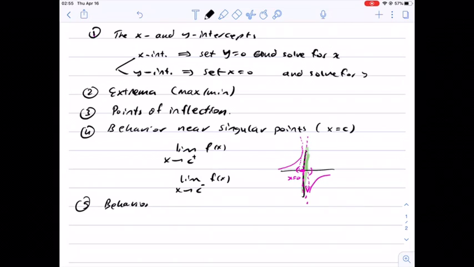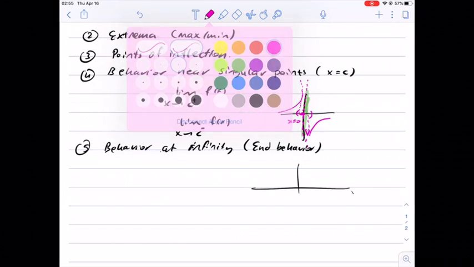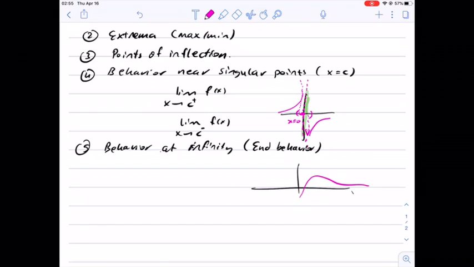Fifth, we need to determine the behavior at infinity, and this is sometimes called end behavior. If we have a graph like this, as we can see, as x approaches infinity, the graph approaches 0.